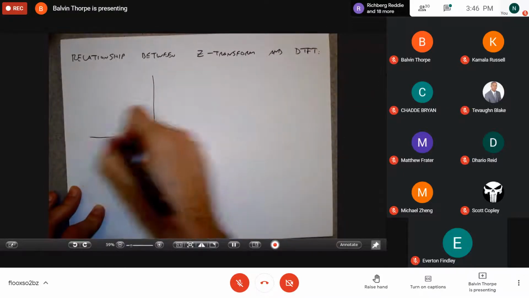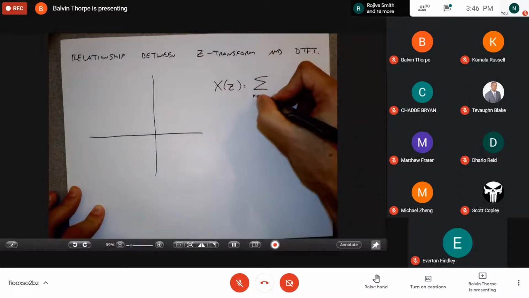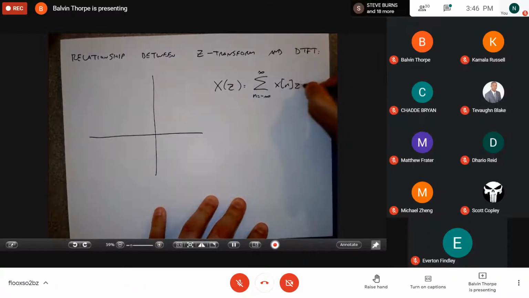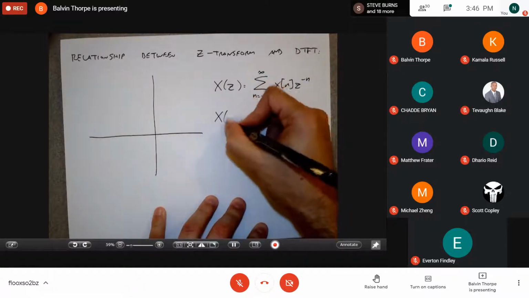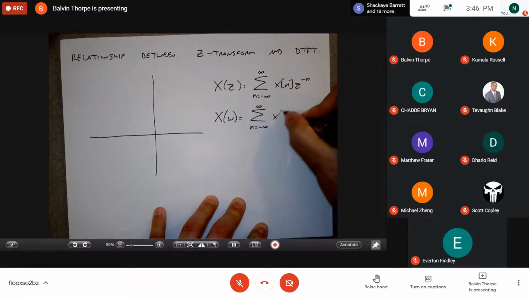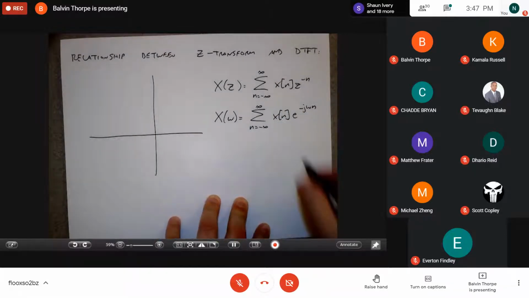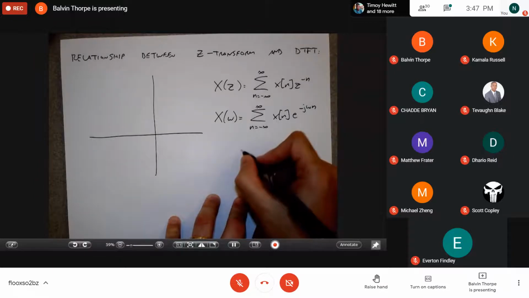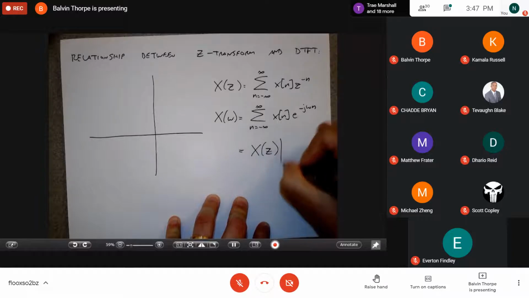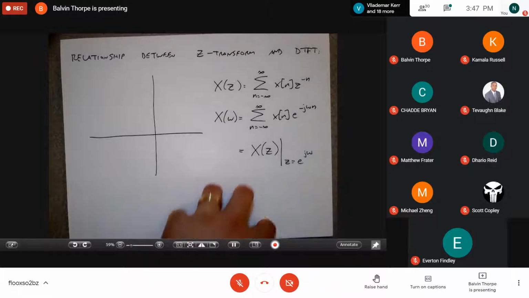The Z transform is this sum of x of n z to the minus n, and the DTFT is this sum of x of n e to the minus j omega n. These formulas look pretty similar. In fact, the DTFT is exactly what I would get if I took X of z and evaluated it at the points z equals e to the j omega.